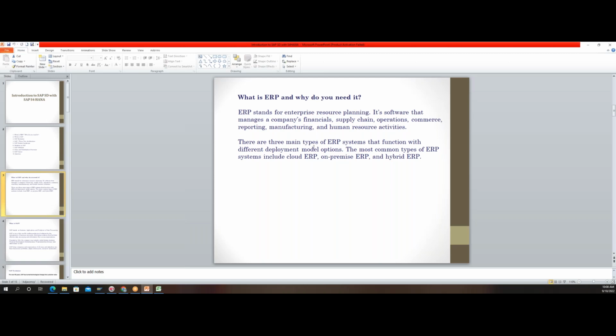Now, what are the types of ERP deployments we can see? There are basically three types: on cloud, on premise, and hybrid ERP. Now, what is the difference, and what do we exactly understand by on cloud, on premise, and hybrid ERP? So let's first try and understand on premise. On premise is basically infrastructure or a hardware setup which is made at the client's location. A client, or a company or an enterprise.